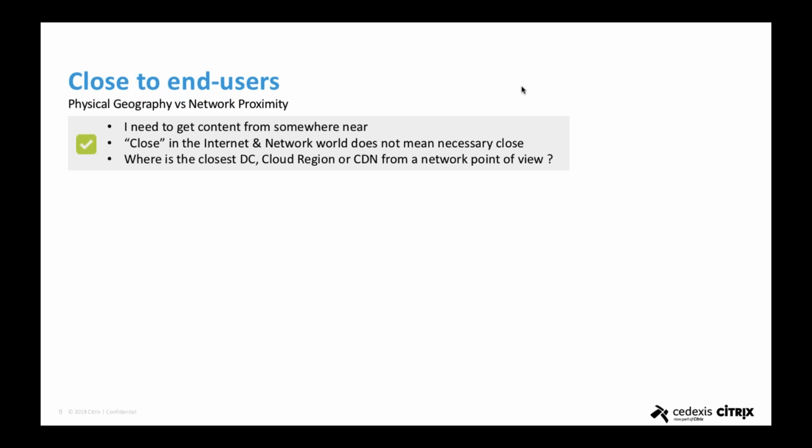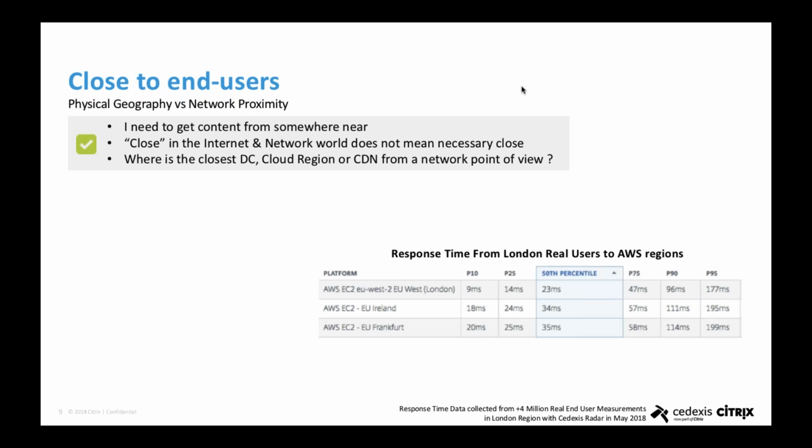Because when we think about close from the network point of view, it doesn't necessarily mean close in terms of geography and the distance between me physically and the city where the data center or the cloud regions or even the CDN nodes are present. So in this example of figures, I took some data that we collect and that I will detail a bit later, which we call radar data.